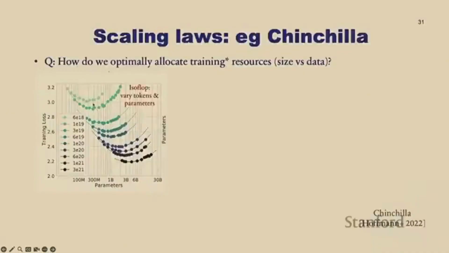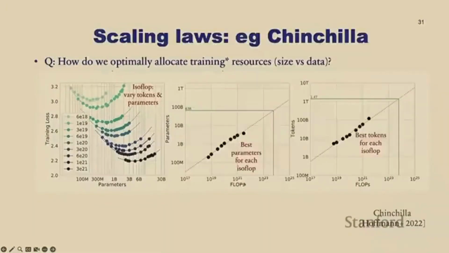Then you take the best one for each of those curves. Once you have the best one for each of those curves, you can plot how many flops it was, which curve you were on, and how many parameters you actually used for that specific point. You put that on the log scale again, and now you fit a scaling law again.